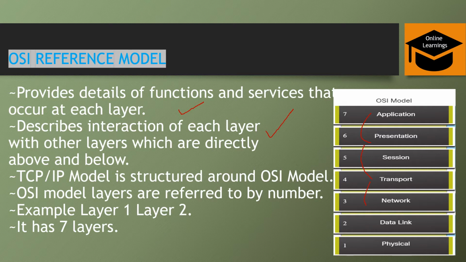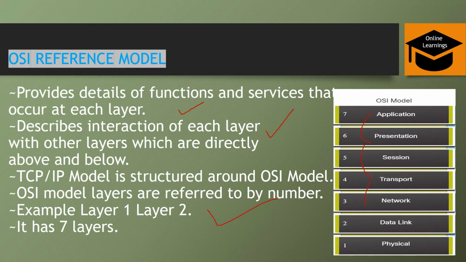One very important point which everyone confuses: whenever you talk about OSI model layers, you always say this is layer 1, we are talking about layer 2, because sometimes there is confusion about the transport layer of which model, OSI or TCP/IP. So in order to avoid that confusion, we refer to the layers of the OSI model as layer 1, layer 2, layer 3, and not with the names.